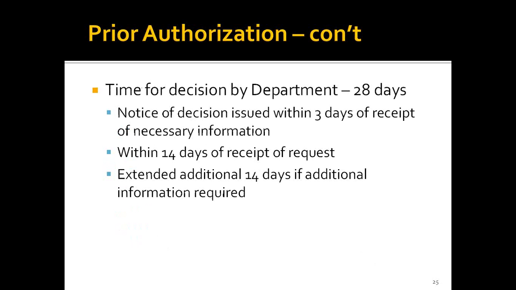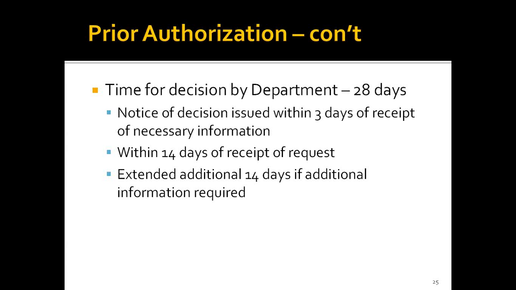Okay. So once a prior authorization request is made, the department has 28 days to issue a response. That used to be 30, but that's been reduced. Not really quite sure why. They have 14 days from receipt of the request to make a decision.